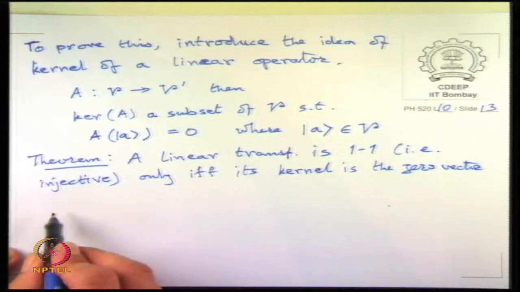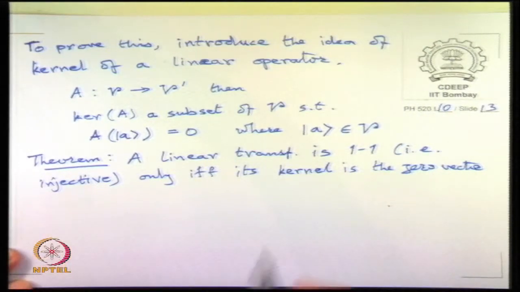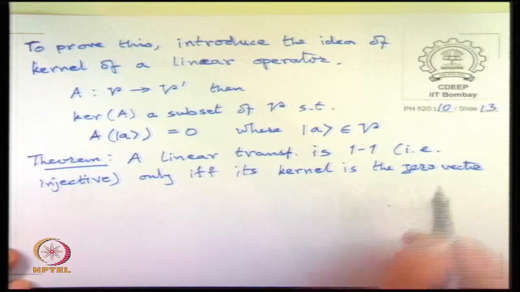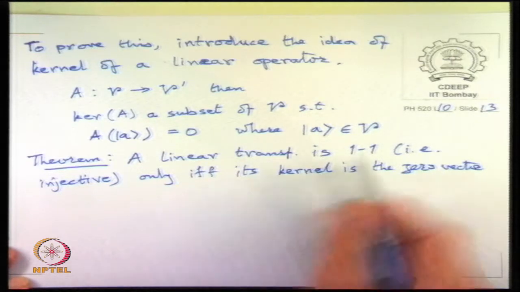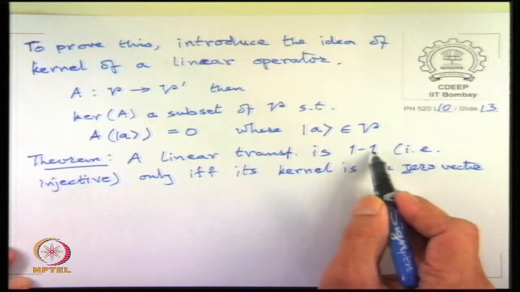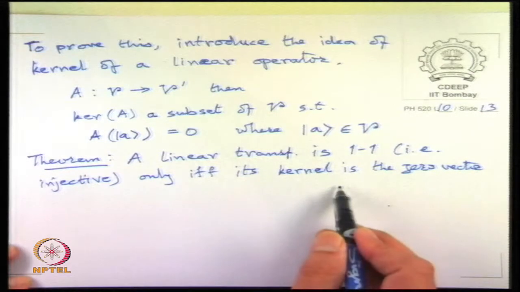So the only if part is clear, which means that if it is a one-to-one transformation, then clearly its kernel has to be 0, right?